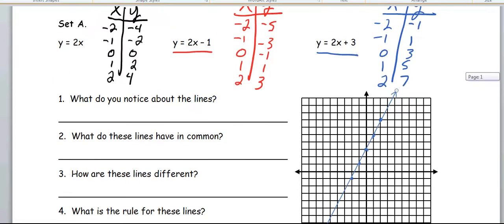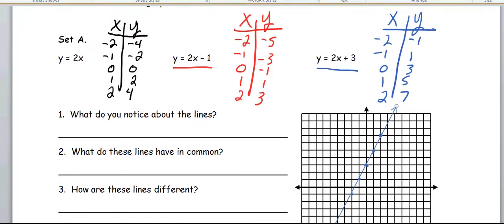All right, let's do our black one. So that's the first one. So I did -2, -4. And then it was -1, -2. It was 0, 0. 1, 2, and 2, 4.